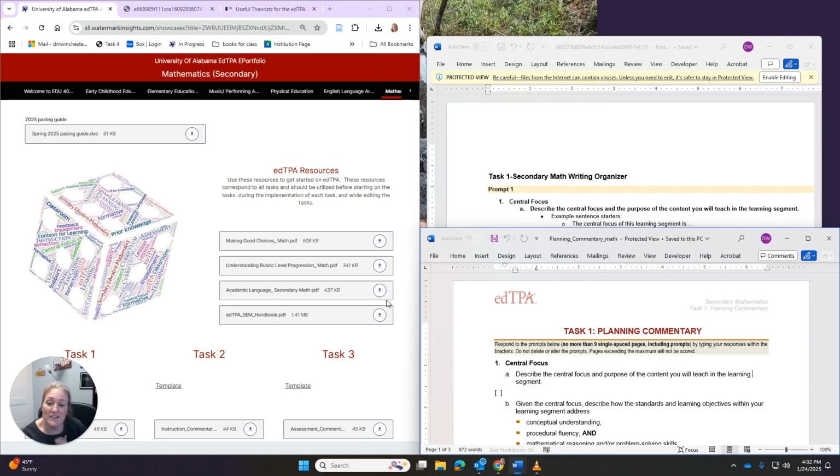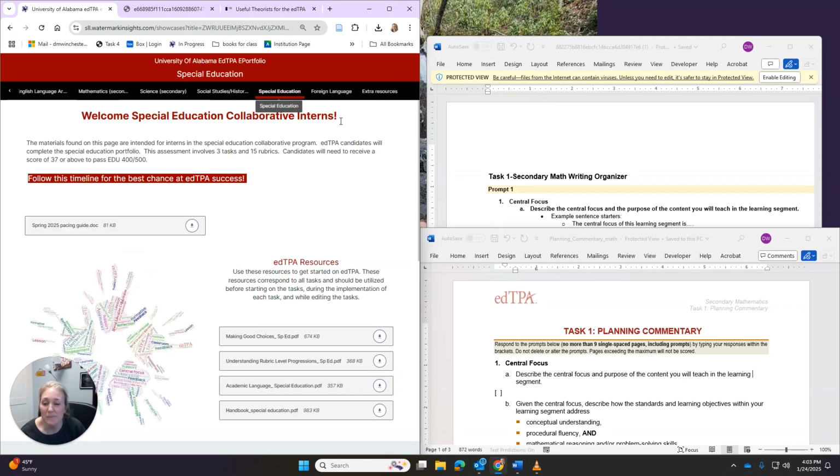The other resource that you're going to want to have for later on, for when you answer prompt 4, is this academic language resource right here. That document is going to be helpful for when you are answering prompt 4. However, early childhood, you do not have an academic language handbook because you're only going to be focusing on vocabulary.